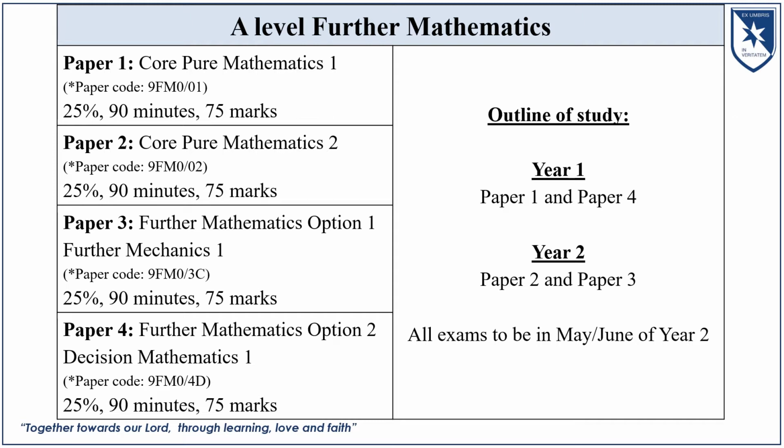In Year 2, we would cover the textbooks for Paper 2 and Paper 3, so that's Core Pure Maths 2 and Further Mechanics 1. All the exams for all 4 papers will be sat in May or June of Year 2.